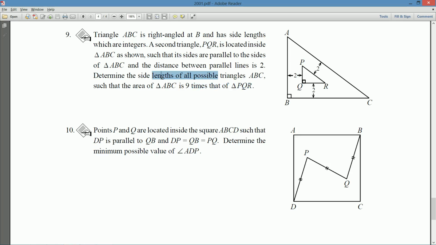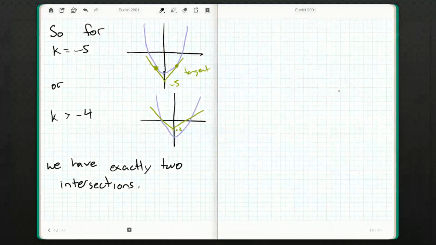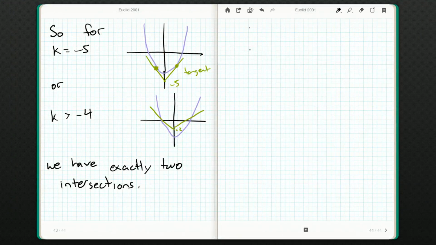So we want the side lengths, so we're looking for the Pythagorean triples of side lengths. So it might be a good idea to draw ourselves our picture and give some of these side lengths some names like ABC or XYZ. So let's draw ourselves a picture and see what we can see. We're told in here that we are parallel.